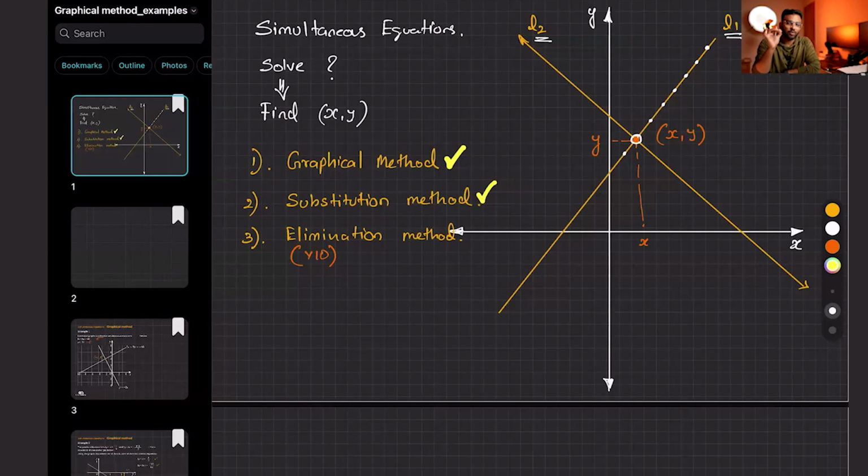Because you guys are in year 9, graphical and substitution is perfect, but you need to be a master at those two. Don't learn all three methods right now and forget them. You need to be really good at the graphical method, sorted, substitution, sorted. You do a lot of practice, you're a master of substitution, and you're good to go. That's what you need to do.